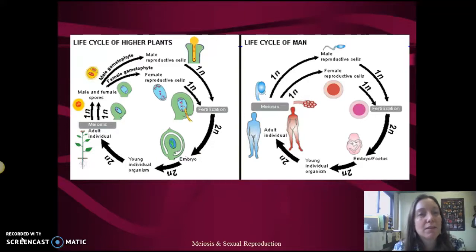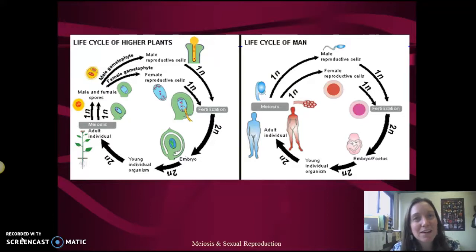In plants, it's a little bit different. You can see the plant there where the adults are, adult humans on the other picture. In plants, we can have meiosis happening in 2 different parts of the flower, producing sperm cells and egg cells. Those will be haploid. And the male cells, the male gametes, sperm, will fertilize the female eggs through various mechanisms.